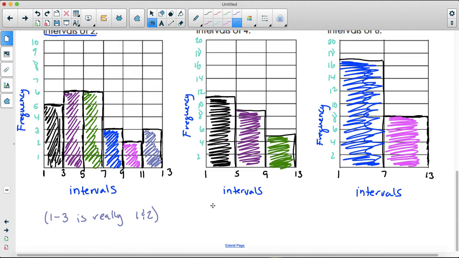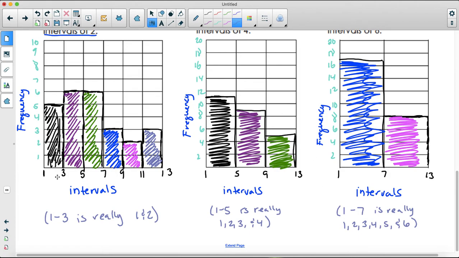For this interval, from 1 to 5 is actually really 1, 2, 3, and 4, because the 5 starts the new interval. So again, same thing here for this interval, 1 through 7 here is really 1, 2, 3, 4, 5, and 6, because the 7 starts the new interval.